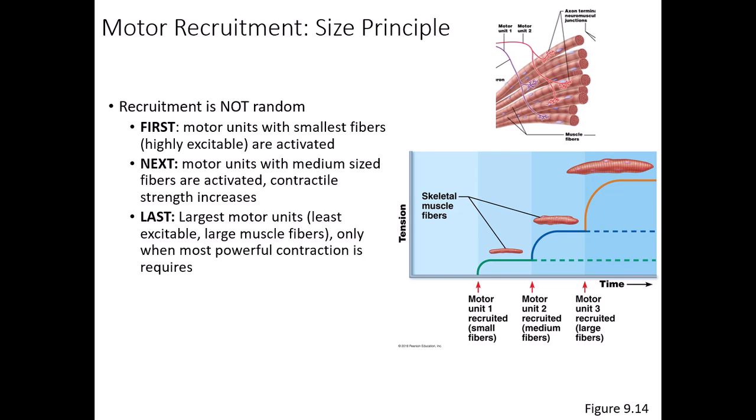So that's the size principle: smallest first, medium second, and largest last. And typically, not all motor units contract at the same time. Some are resting while others are contracting. And that enables us to maintain strong, prolonged contraction and allow our bodies and our muscles to do all the things that we constantly require them to do.